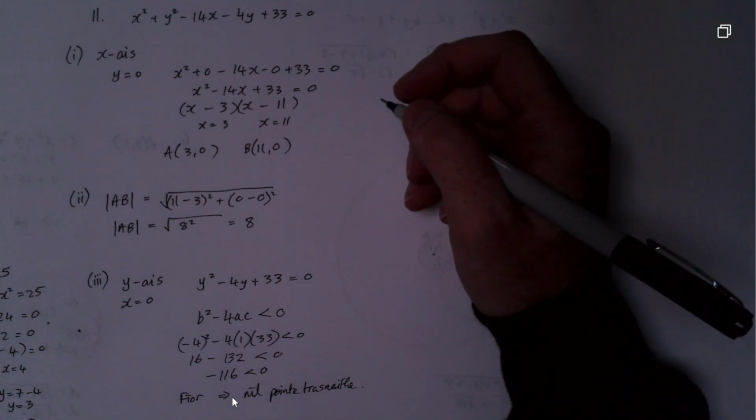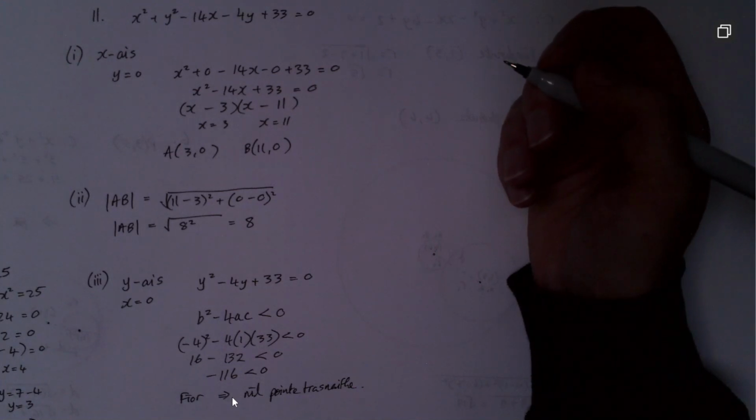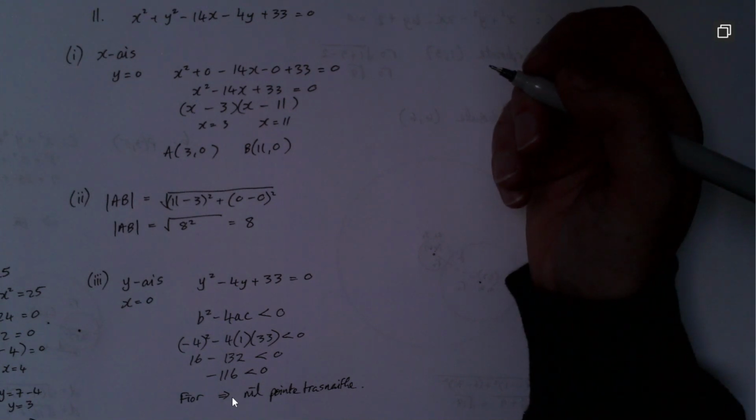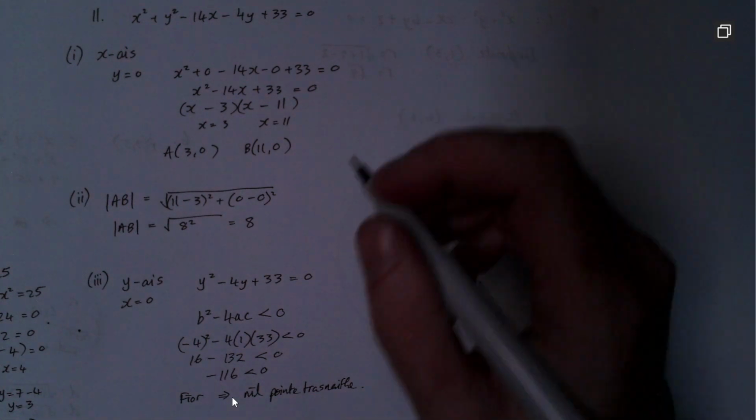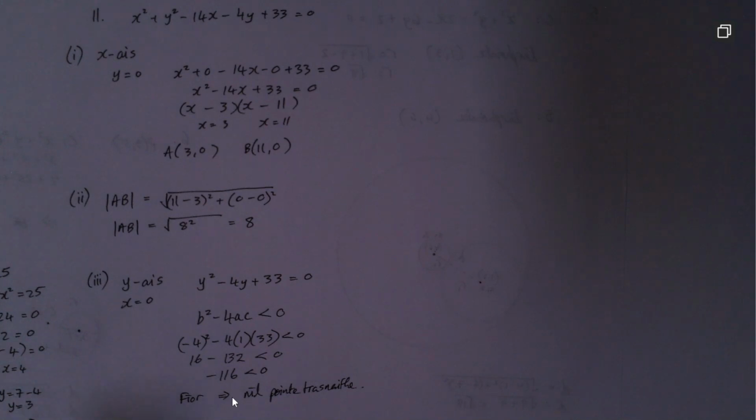Just factorize: we make x the subject in terms of y, then substitute into the circle equation to get a quadratic equation, which we factorize. We get a repeated root.